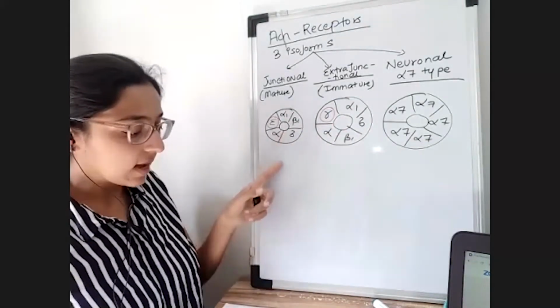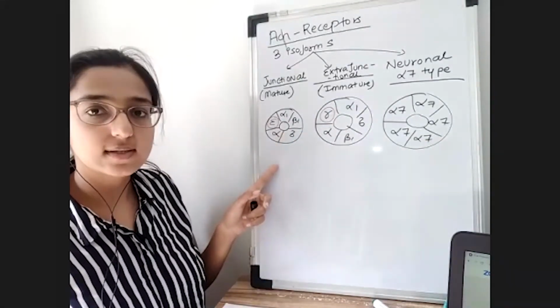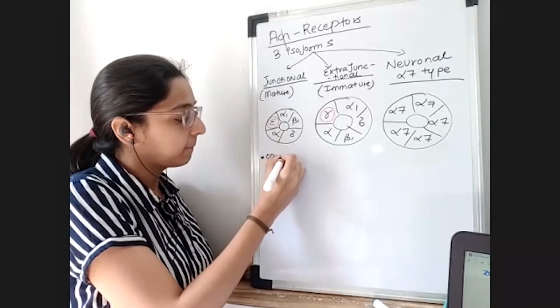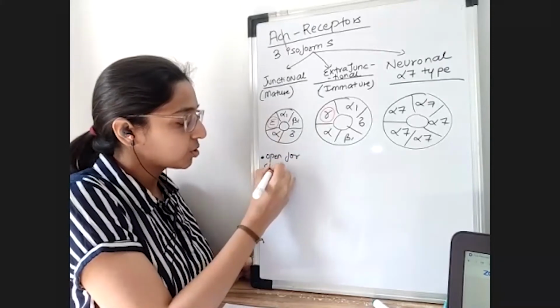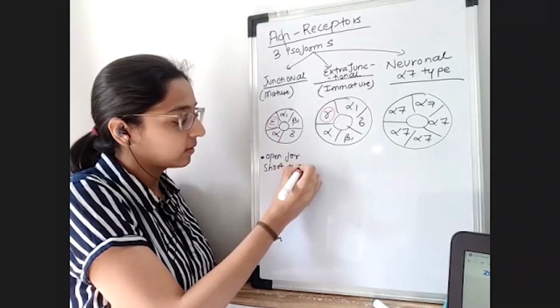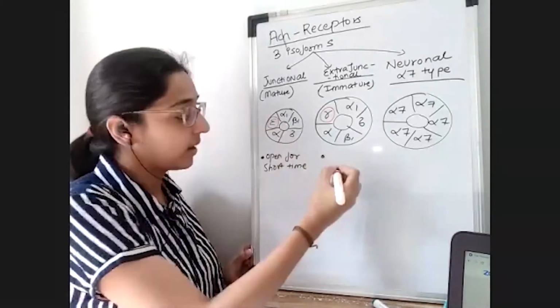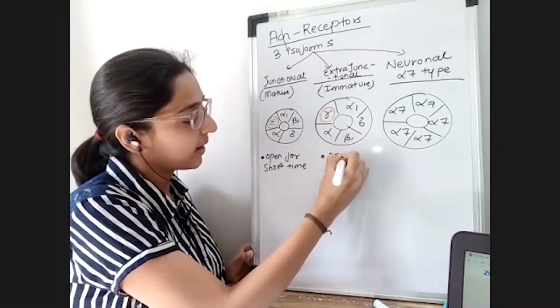Now, what is the property of this junctional receptor? These junctional receptors are open for a shorter period of time, whereas the extrajunctional are different. They are open for a longer time.